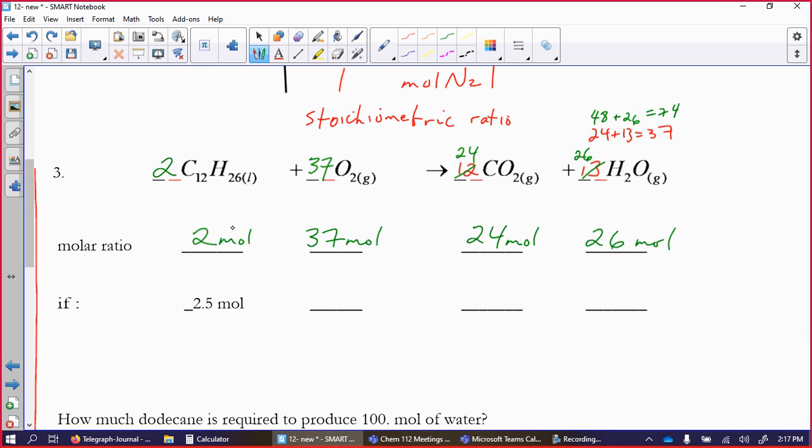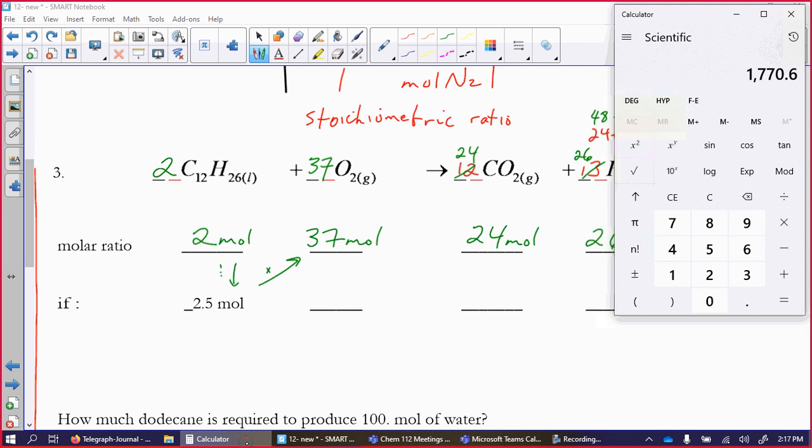This is going to be a little bit tricky, but if I want to know moles of this, I'm going to multiply by 37 and then divide by 2. 2.5 times 37 divided by 2. If I have 2.5, we would need 46.25.